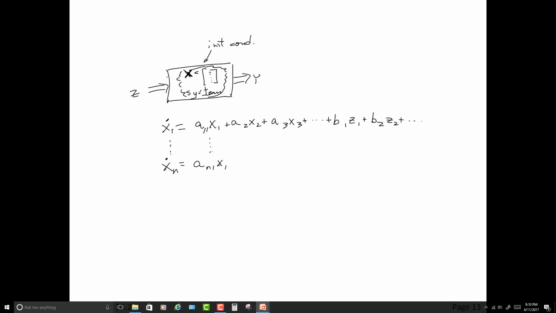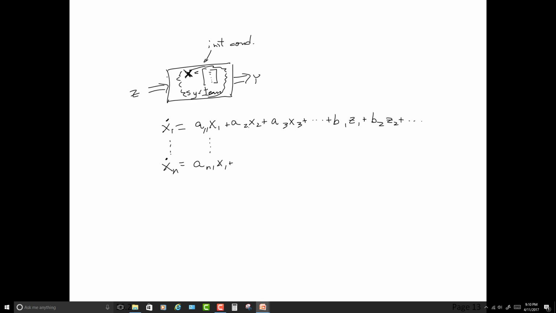So this is going on all down here. x1, multiplied by a constant, plays a role in all of these differentials, all n of them. And x1 in each case is multiplied by a different coefficient.